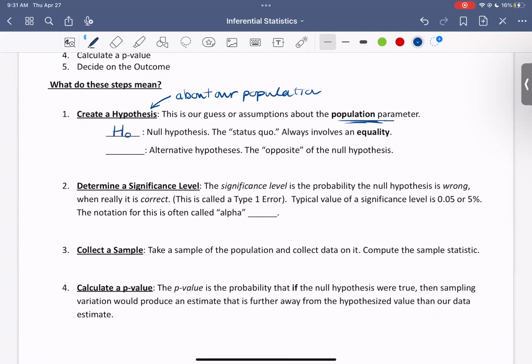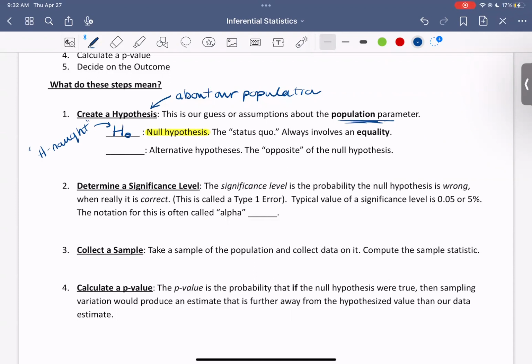H sub 0 is called the null hypothesis, and is often called H naught. I'll write that out here so you have it in your notes. So we say H naught, like that. There's a little naught, a little 0 down there.